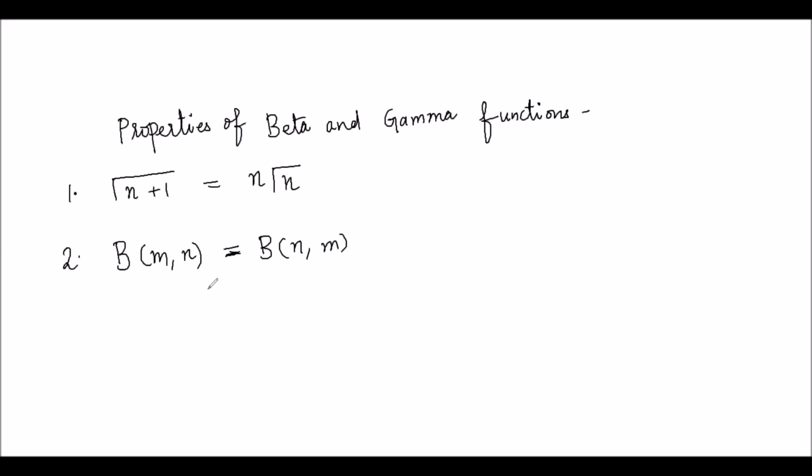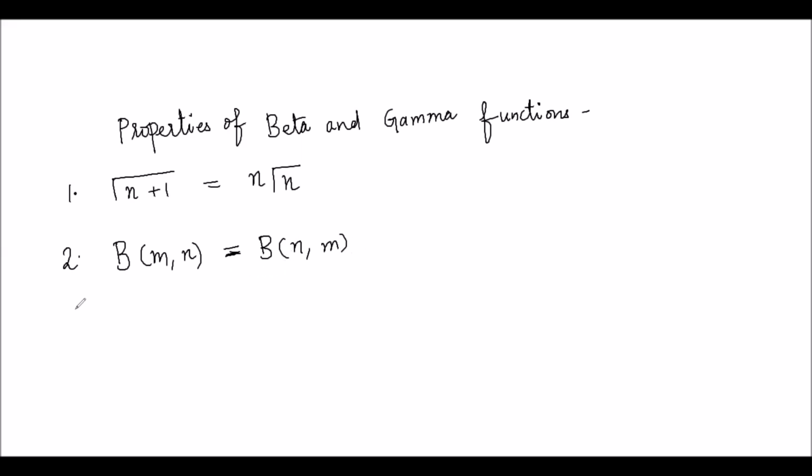We will be considering the left hand side and writing the expression for beta of m, n by using the definition of beta function. In that definition, after using suitable substitution, we will be able to prove that it will be same as beta of n and m.